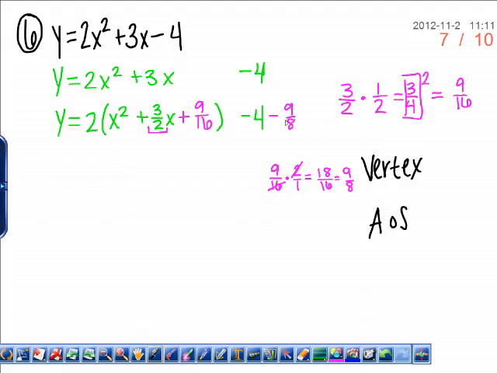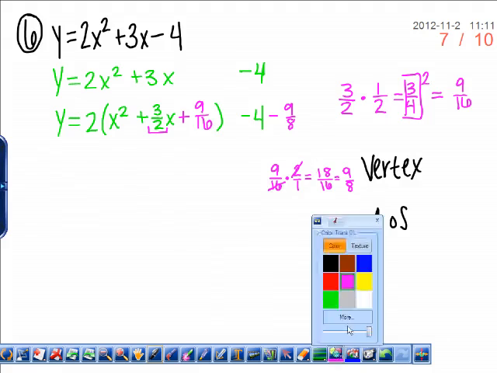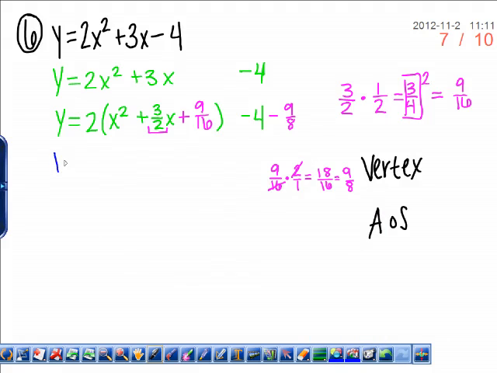All right, let's simplify this. I'm going to get y equals 2 times x plus 3/4. What can I forget here? Squared. Okay, and then I've got -4 minus 9/8. How could I rewrite 4? 32/8.